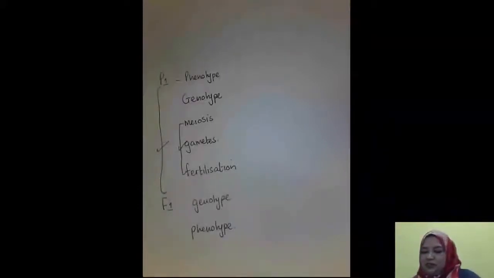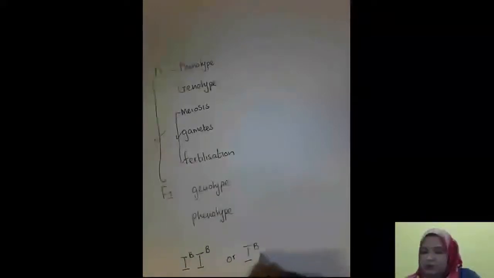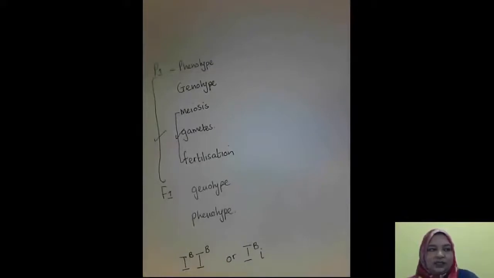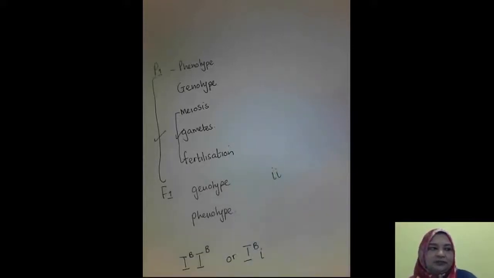So let's look at the possibilities for our blood groups. So blood group B can be this, or that combination, right? We want a child with a genotype that is that, isn't it?